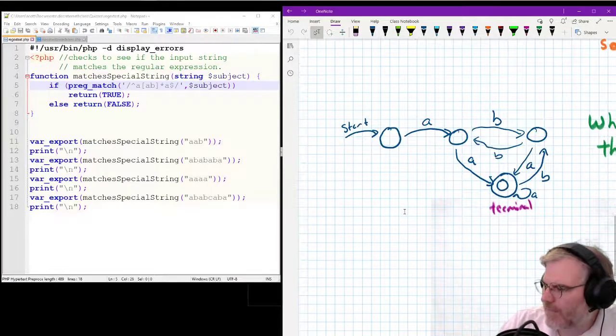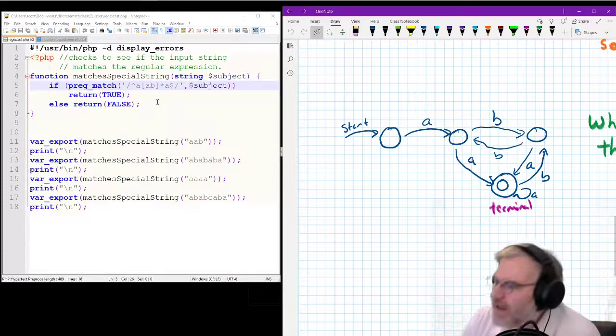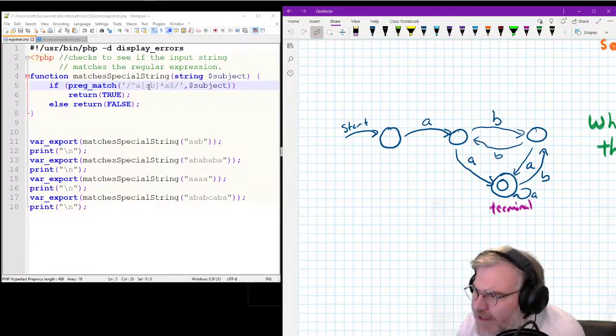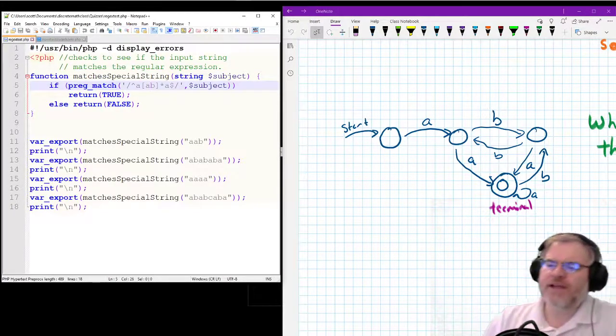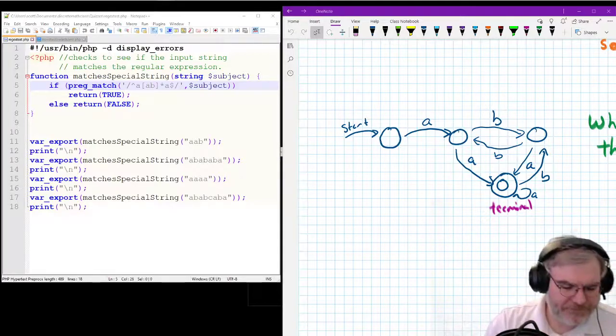The point is that any string that matched this regular expression, anything that started with an A, ended with an A, and had any number of A's and B's in the middle would match. How do we feel about that? 1 to 5.